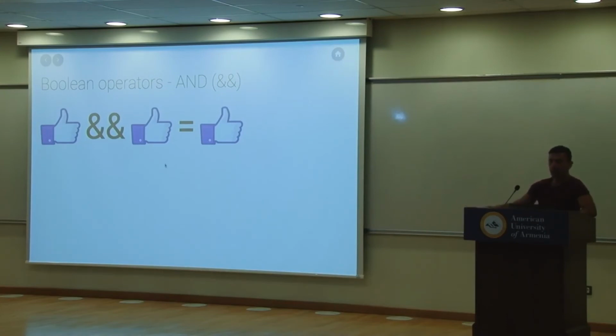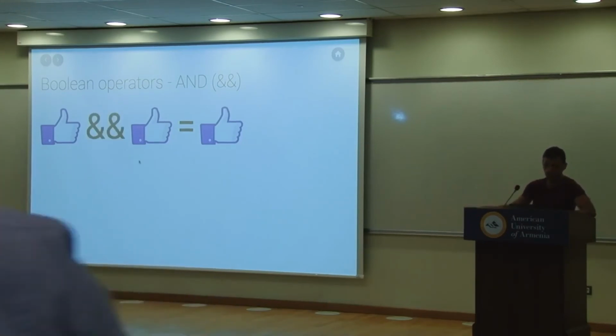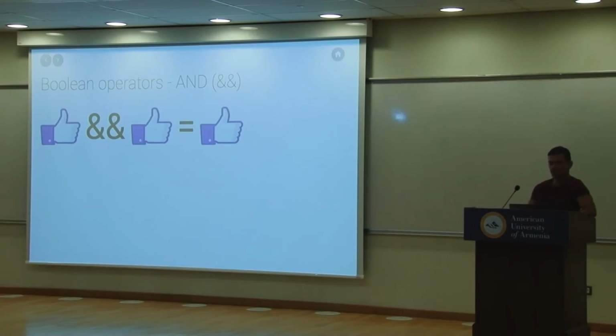The first one is AND. AND in JavaScript is represented with two ampersands, like this. You just put them next to each other, it means AND. What it's saying is that if the left side is true and the right side is true, then the result of all of this is true. If either side is false, or if both sides are false, the answer is going to be false.